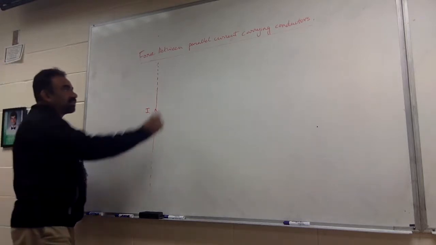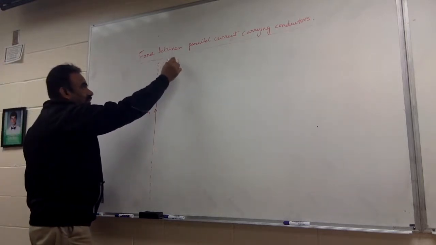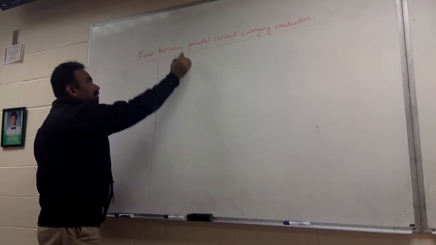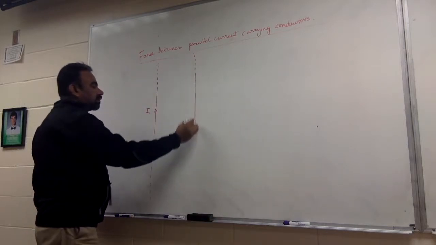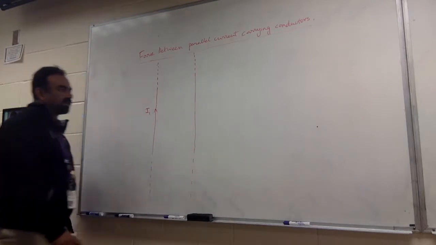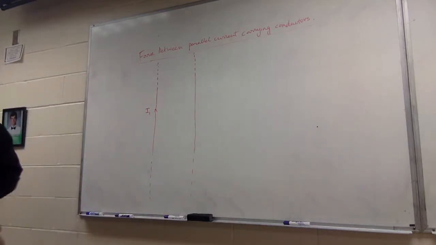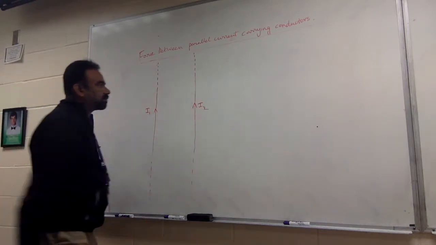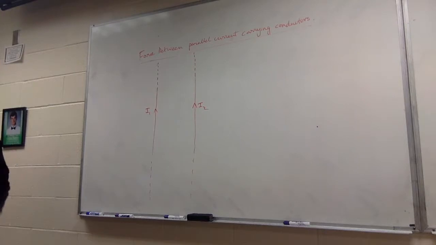And if you have another infinitely long wire, also parallel to this, also carrying current I2. Those are parallel current carrying conductors.